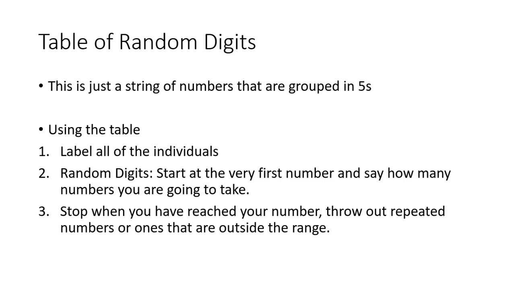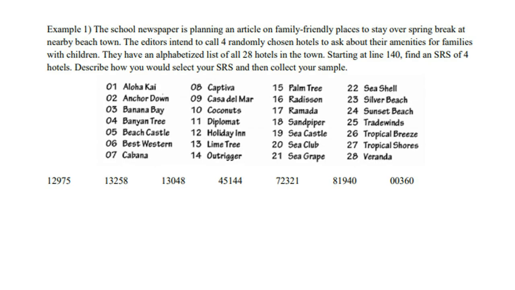We're going to see an example of this on the next slide. Here would be an example. A newspaper is doing an article about places to stay for spring break in beach towns. The editor randomly selects 4 hotels, and to do that, they alphabetized the hotels.